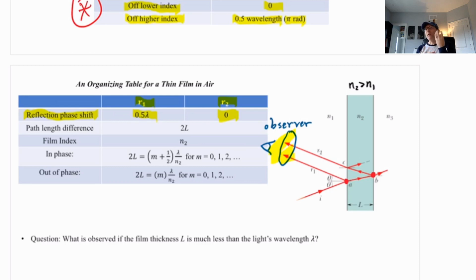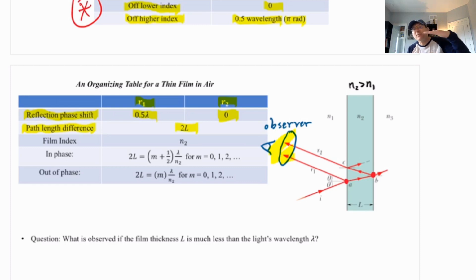And if there were no other physical effects involved, that 0.5 wavelength phase difference would result in fully destructive interference, darkness. But that's not all that happens here, because we also have a path length difference between rays R1 and R2, and that path length difference is 2L.